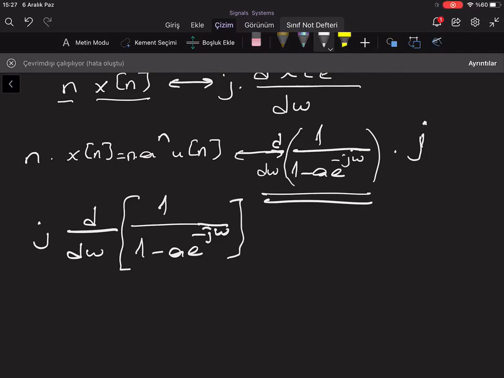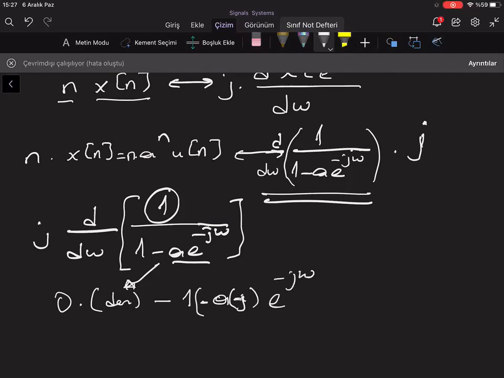It's like the derivative of the numerator, which is 0, times the denominator, minus the numerator times the derivative of the denominator. The derivative of 1 is 0. The derivative of this is plus a times minus j e^(-jω).